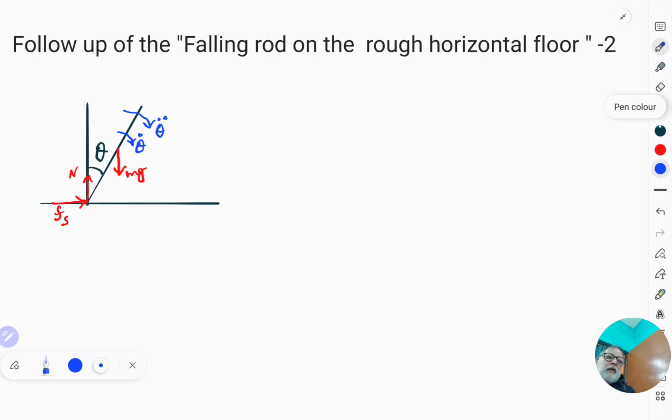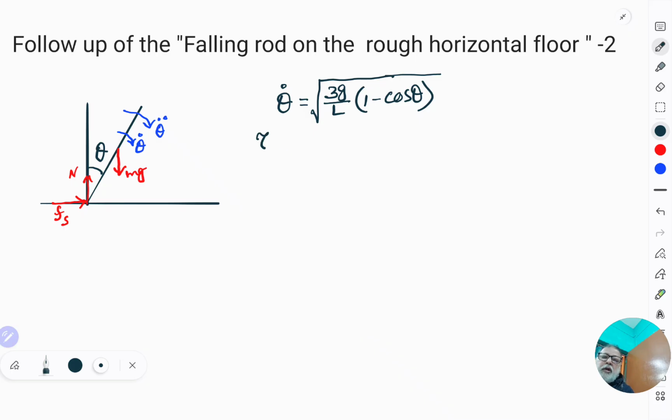Now, let us recall that the theta dot, the angular velocity, we had proved earlier, is equal to under root 3g by L into 1 minus cos theta. To find out an expression for theta double dot or angular acceleration, we must investigate the equation of rotational motion, that is tau external about the axis of rotation is equal to I about the axis of rotation into the angular acceleration about the axis of rotation.